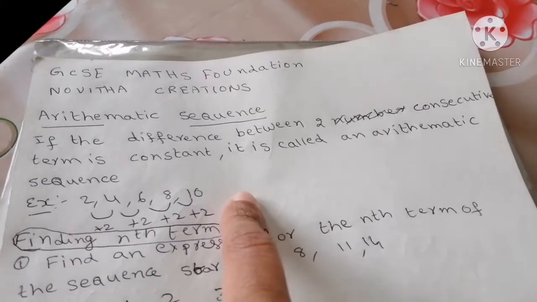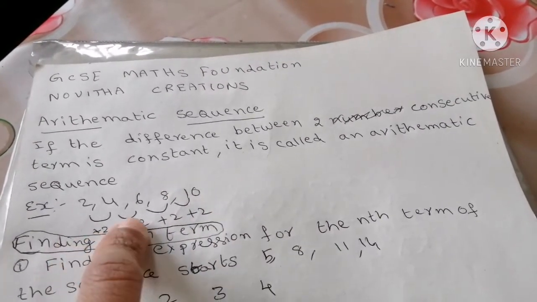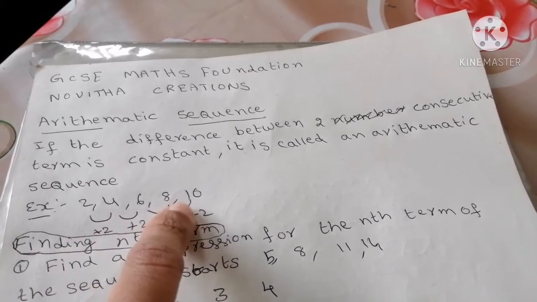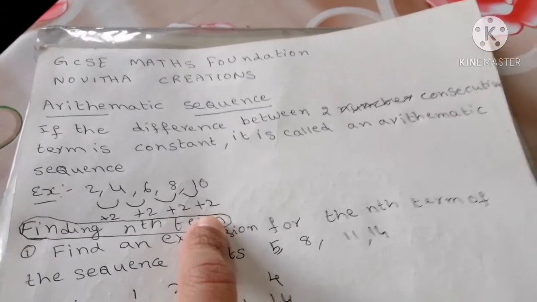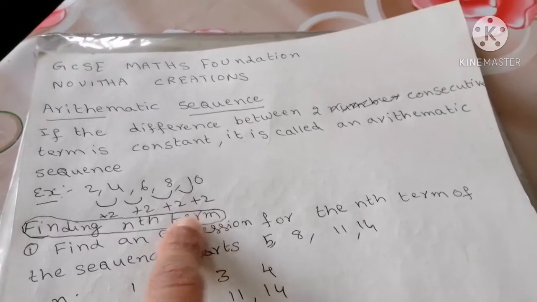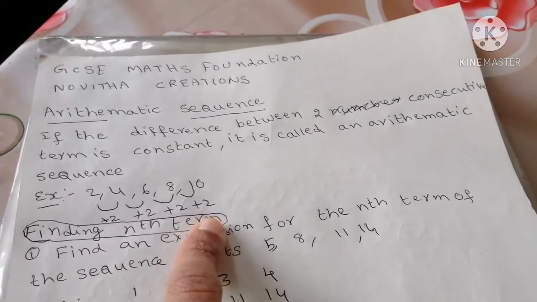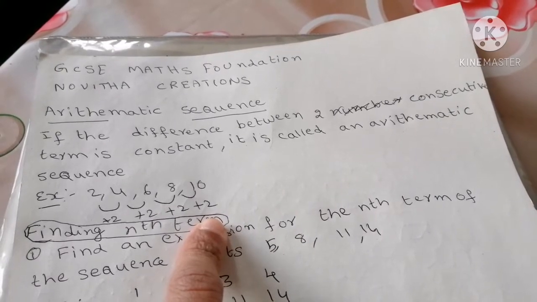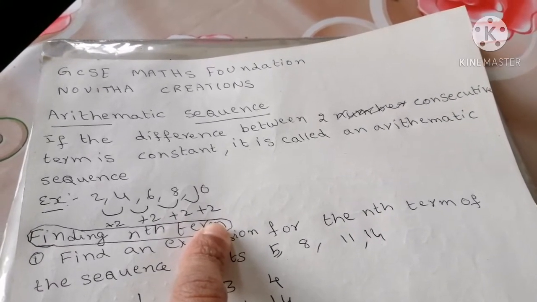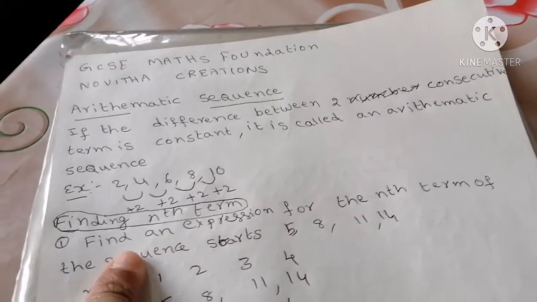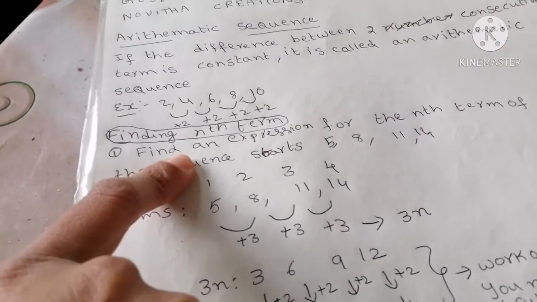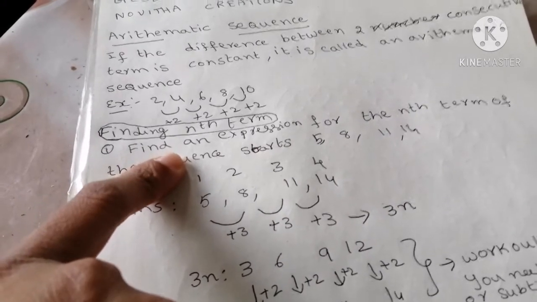In this sequence, each and every number is adding up 2. So the difference between the terms is constant in arithmetic sequences. Next, we will try finding the nth term.